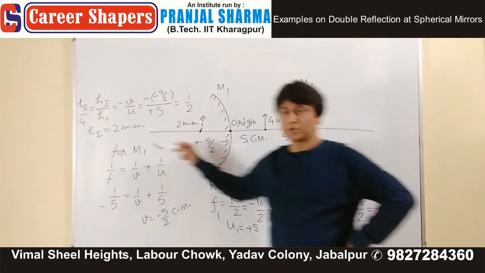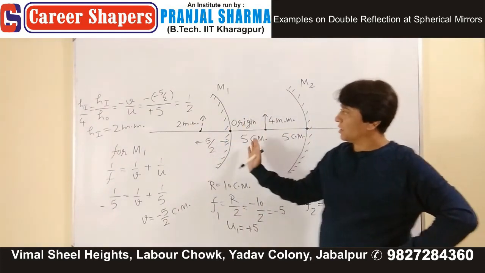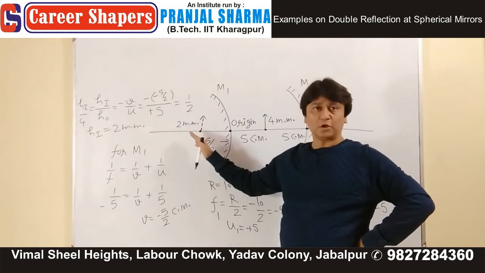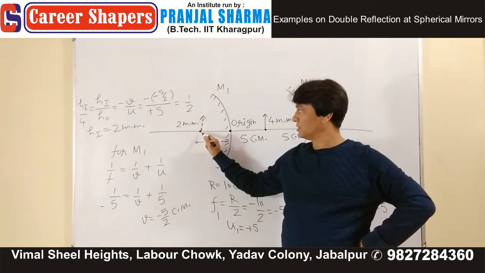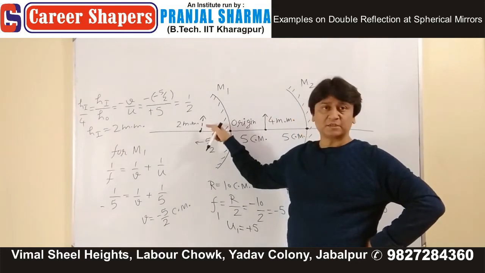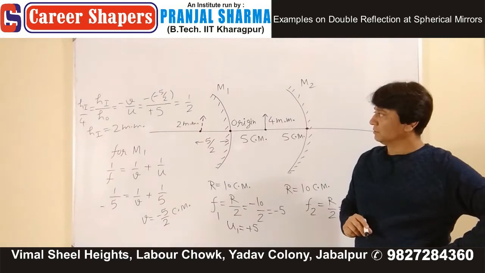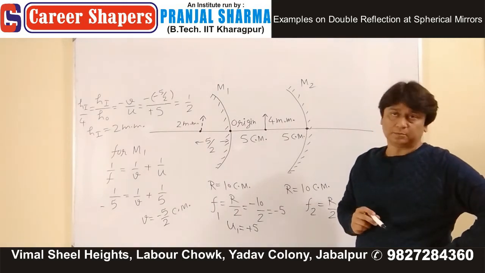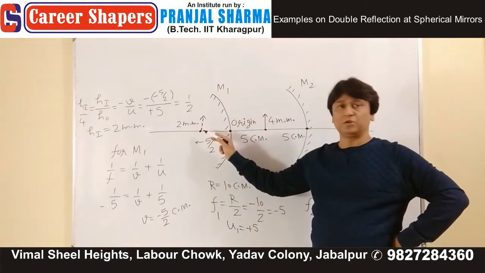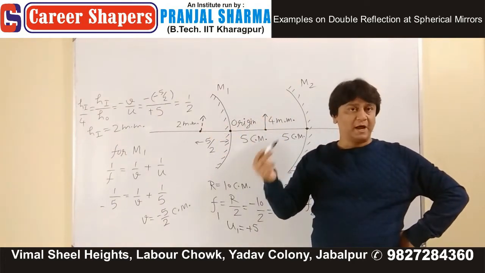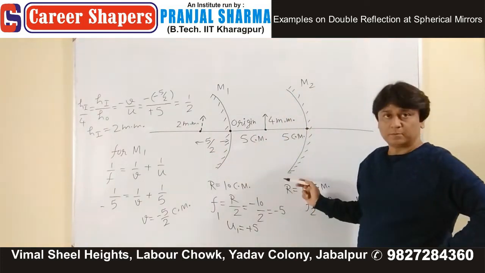HI is coming positive. It's an erected image. Lies on the back side and therefore is virtual image. Reduced in size, diminished. Now, this image is going to act as an object for M2.